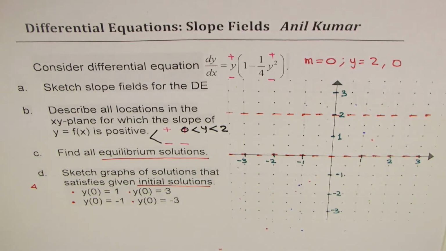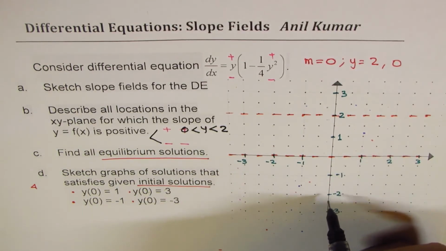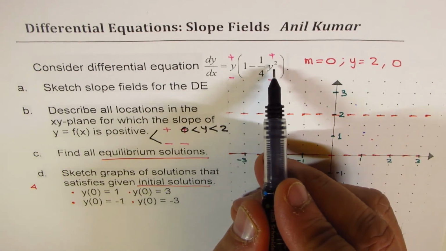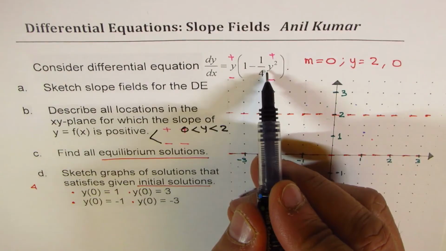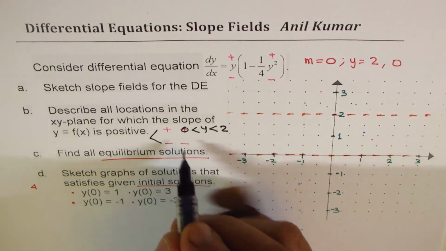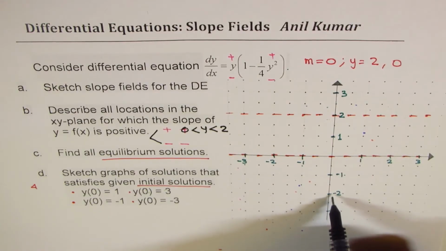It is positive. Similarly, on the negative side, when both are negative, when is this negative? Now y squared, that term will be negative if it is more than minus 2. So if it is more than minus 2, then it is negative. Does that make sense to you? Right?